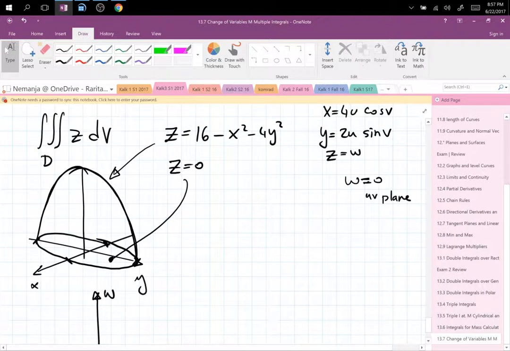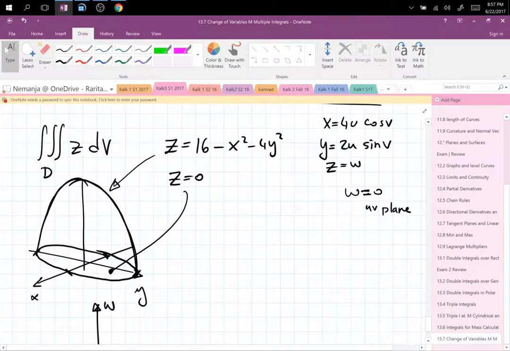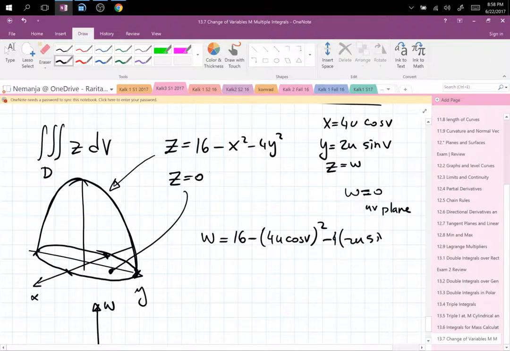And then we have the large equation, just plug everything in it and follow the algebra. So z is w, 16 minus 4u cosine v everything squared minus 4 times 2u sine v everything squared.